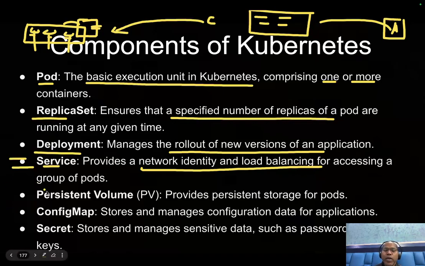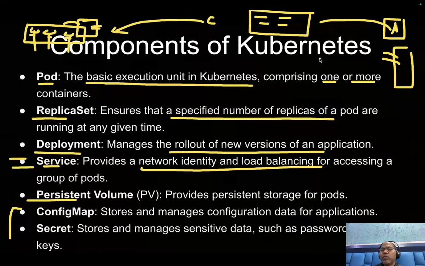And also we have persistence. I want some kind of storage for the pod. There are also two kinds of configuration. One is, instead of hard coding things in your configuration YAML file, you have a config map, where you can make one map and put some keys and some values. These values you can access anywhere in the configuration file, and these are generally in text format.